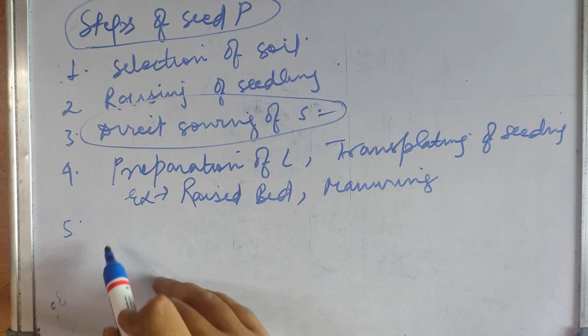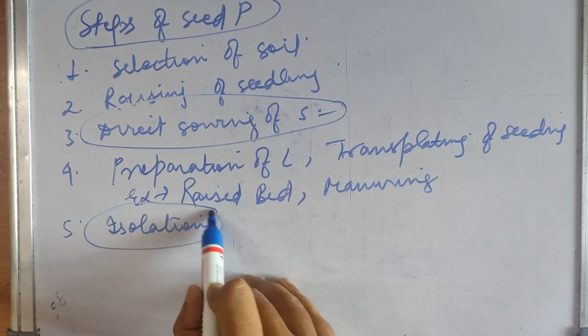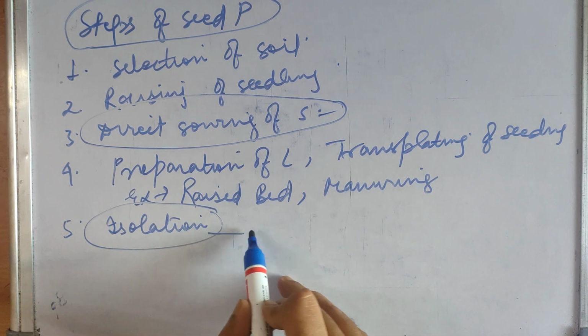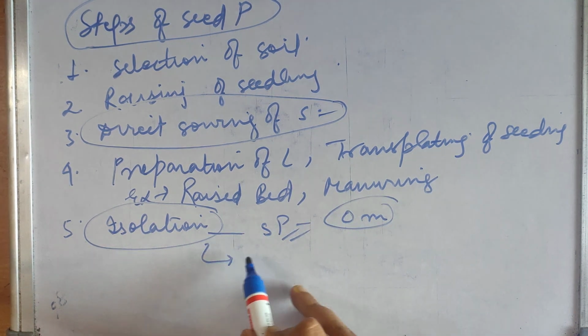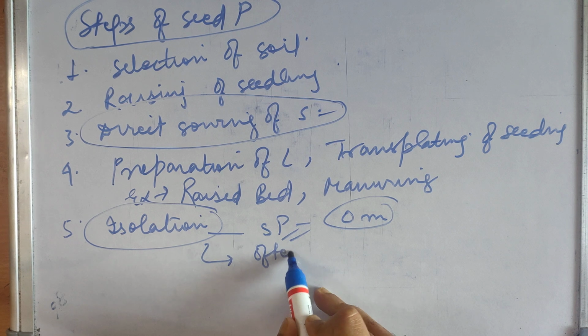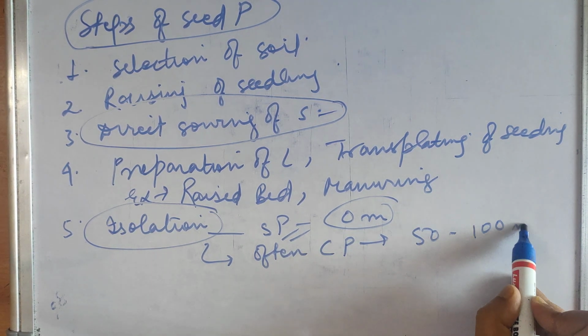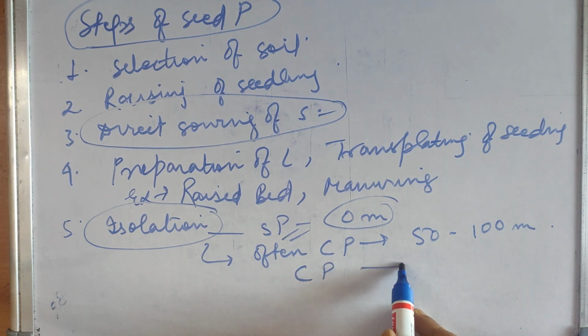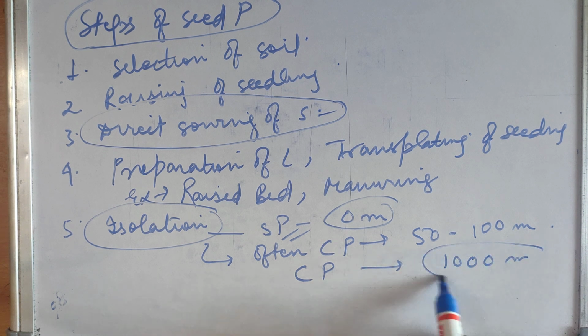Then we need the isolation requirement. There should be isolation between plants. For self pollination, the isolation requirement is 0 meter because it is self pollinated. For often cross pollinated plants, the isolation distance is 50 to 100 meters, and for cross pollinated plants, isolation distance is 1000 meters.